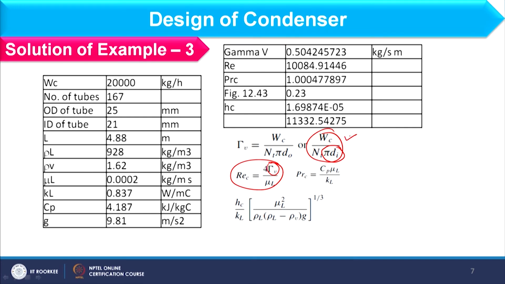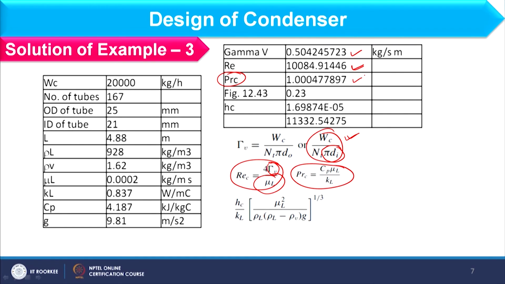You can consider WC as 20,000 kg per hour, NT 167 and pi di value, and the gamma value you can obtain as 0.504. Considering this gamma value and the viscosity of the fluid, you can find the Reynolds number as 1 into 10 to the power 4. Prandtl number you can simply find out by considering the properties, and its value should come as 1.